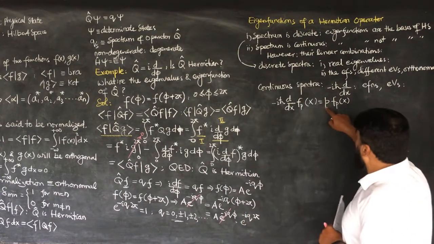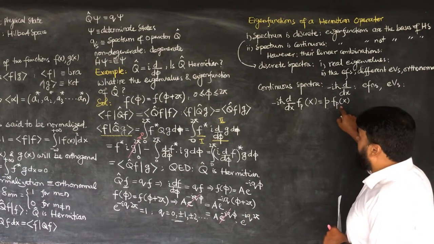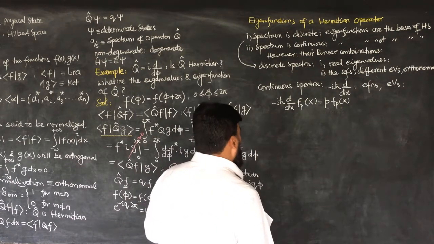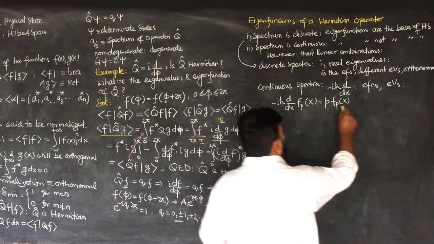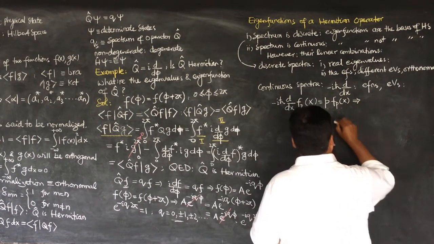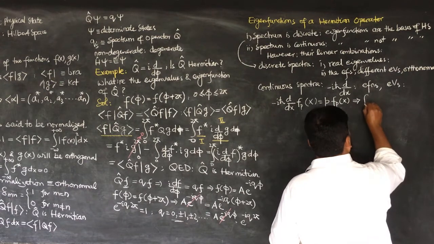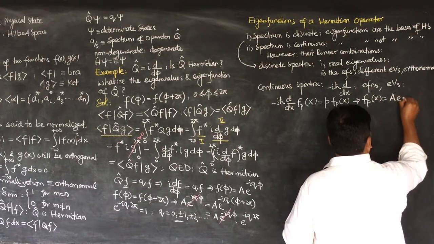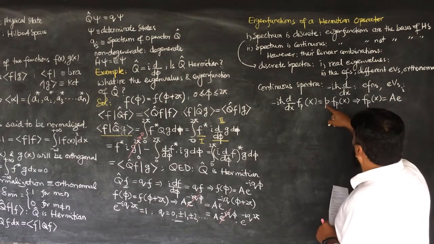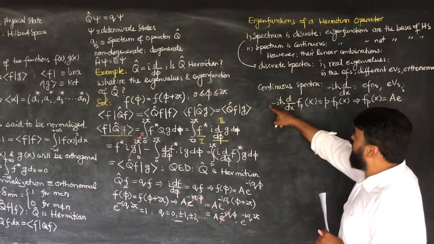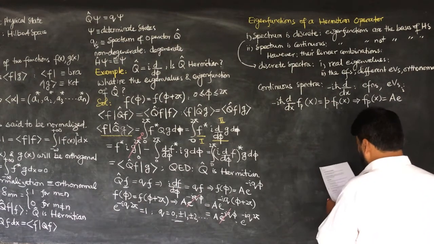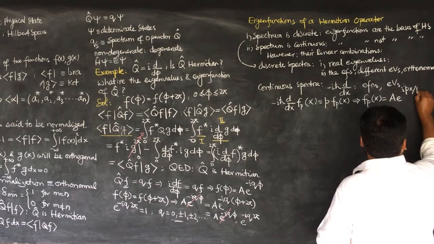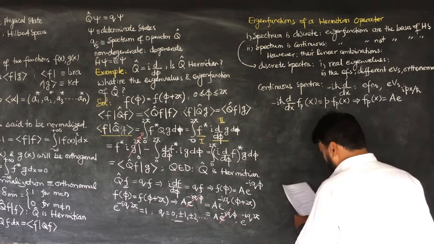So this is the eigenvalue and this is the eigenfunction. From here we can solve this differential equation, and it will give f_p of x equals some constant times e to the power i p x by h bar. It becomes i, not minus i, because of the minus sign on the other side.